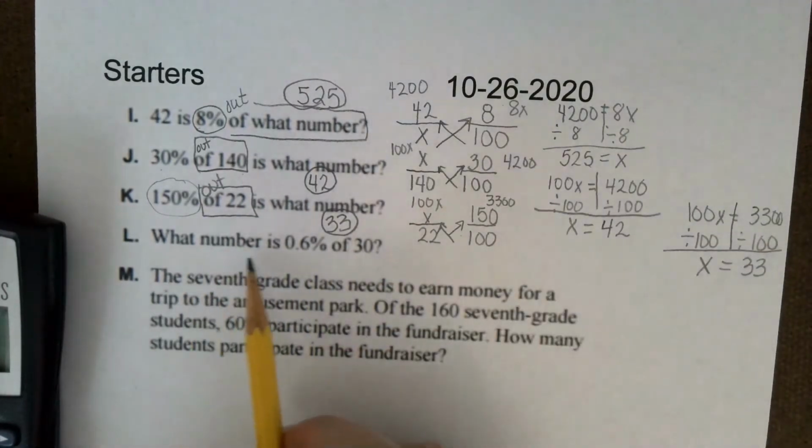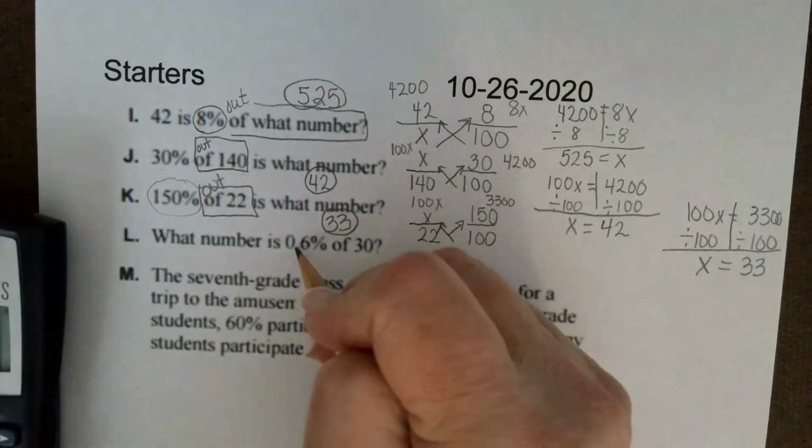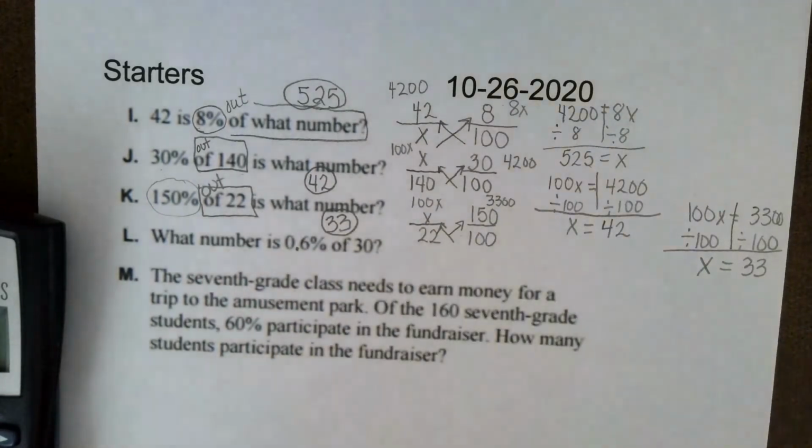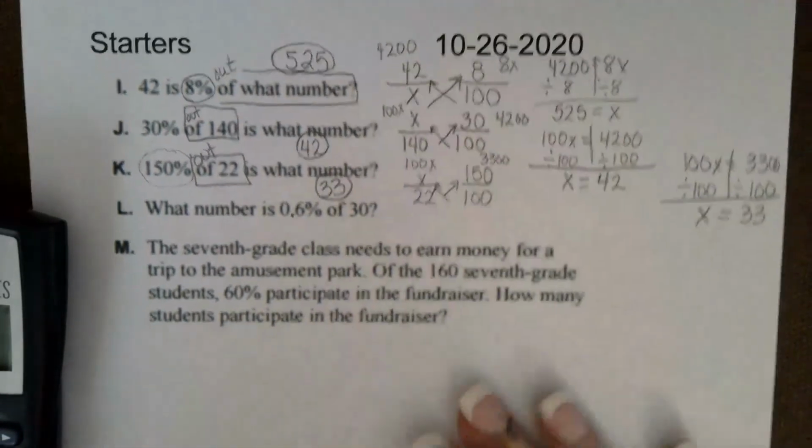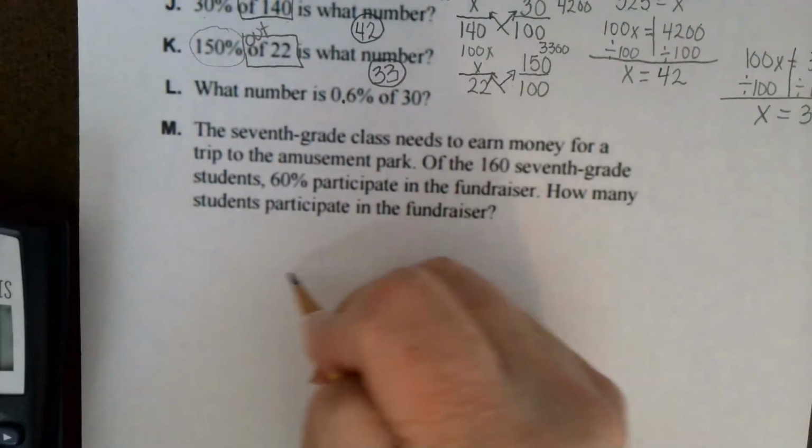Then we've got what number is 0.6% of 30. So I'm going to do that one down here because I'm running out of room.